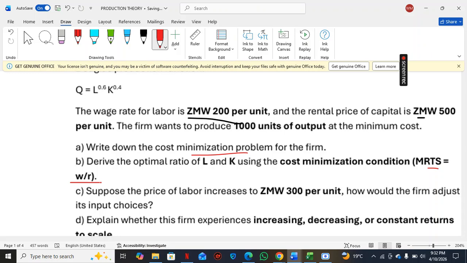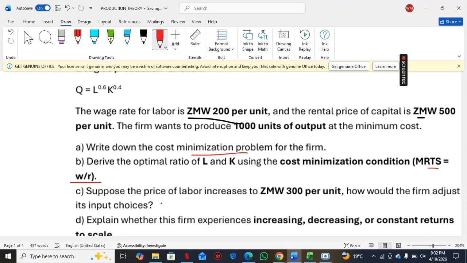Just remember it, the trade-off rate between labor and capital. How much capital you need to give up to get labor, or vice versa.